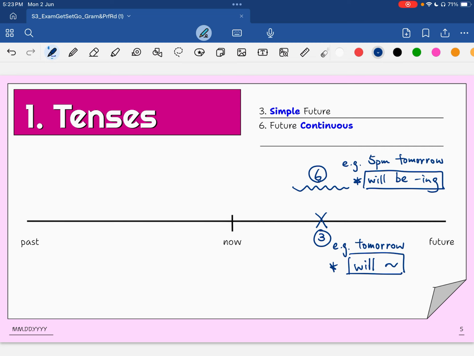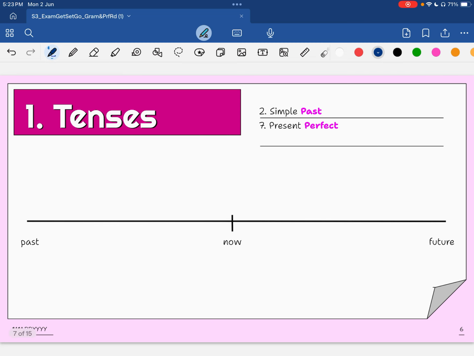Very easy. Then how about this pair, simple past and present perfect? I would mark them like this. So which is which? The one marked on the timeline would be simple past, and the one above the timeline would be present perfect. Why?